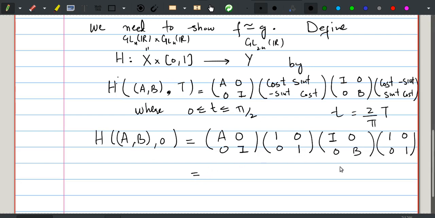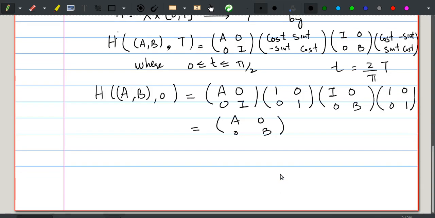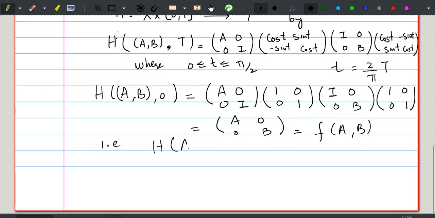So when we solve this, we get a 0 0 b. So this is nothing but f of ab, and that is, when we restrict h to 0, we get f.